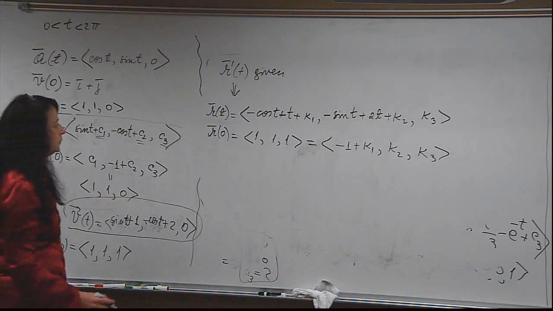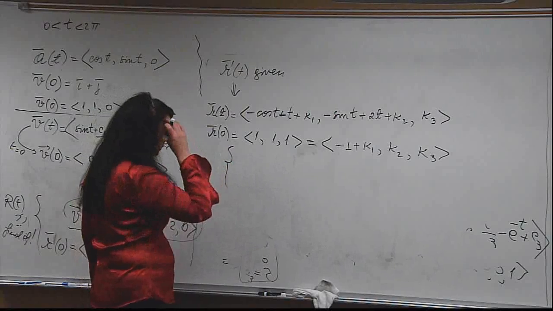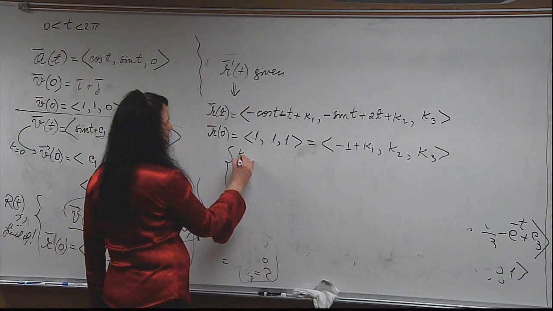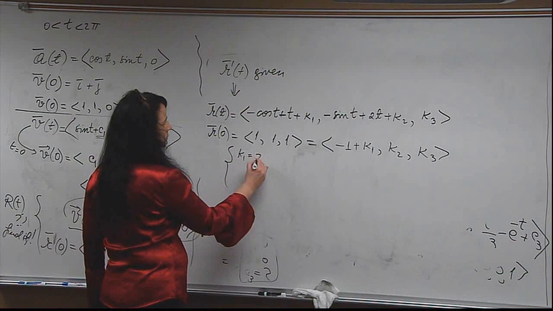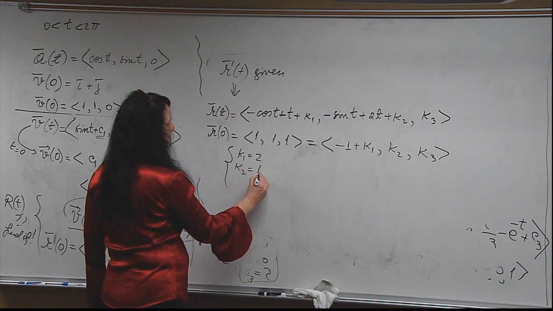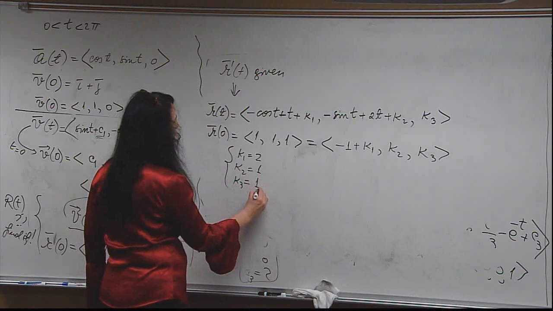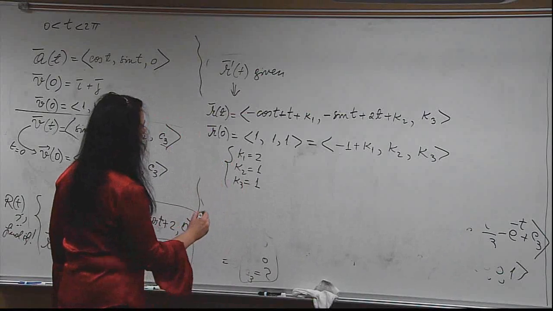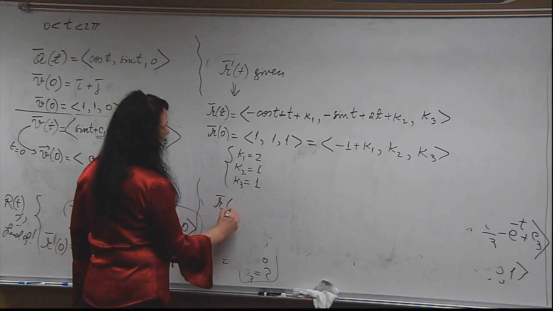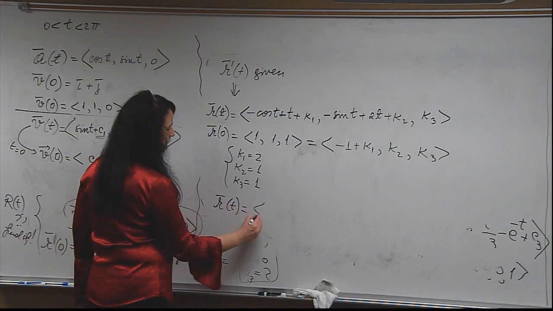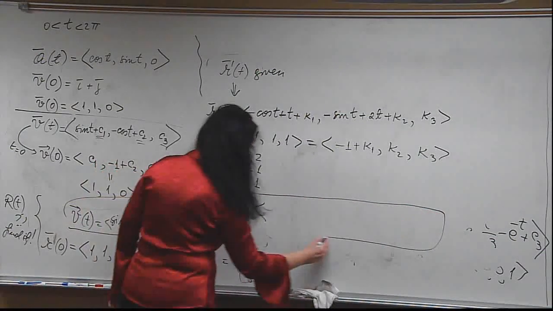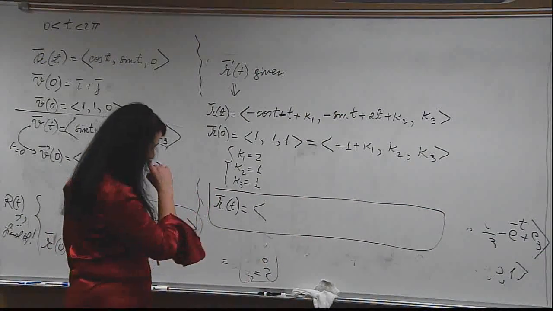So, who is helping me solve the system really quickly? Kappa 1 is 2, kappa 2 is 1, kappa 3 is 1. And I'm going back to r of t and replace it, and that's my final answer for this two-step problem.